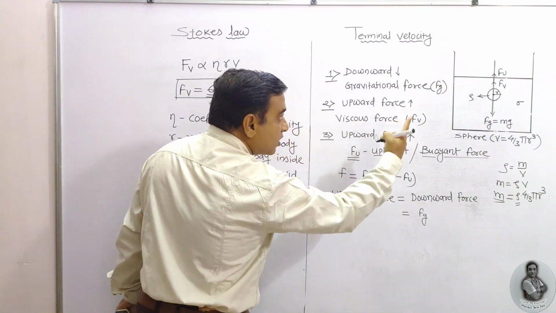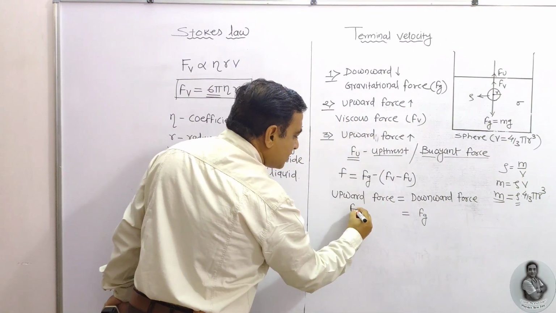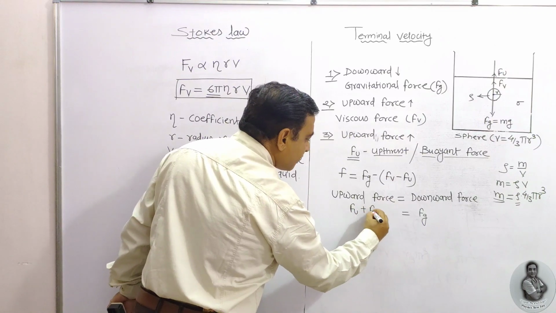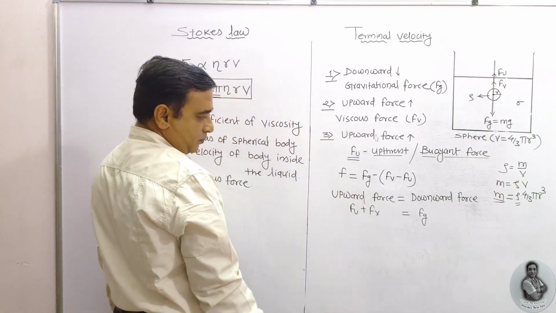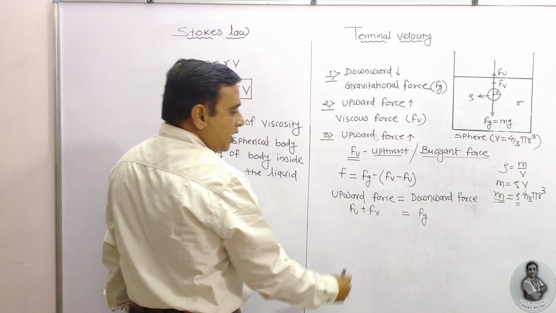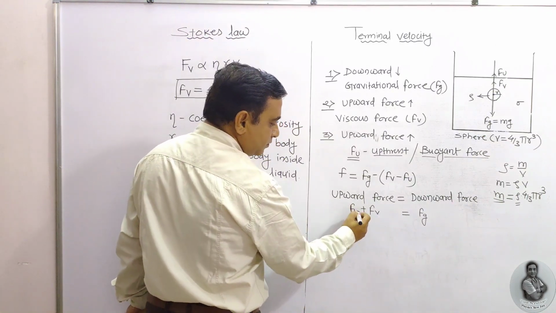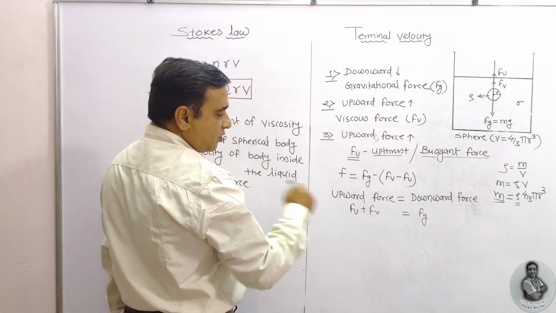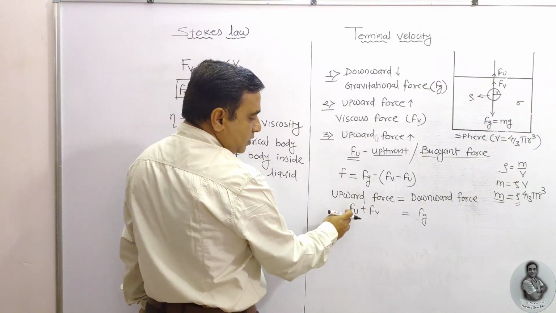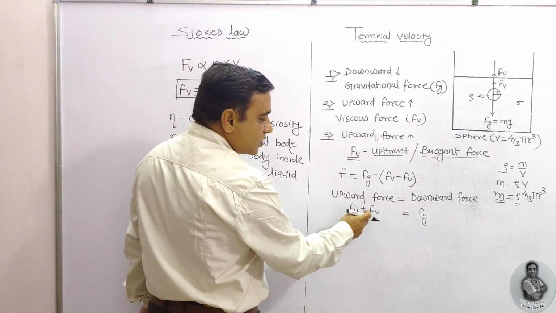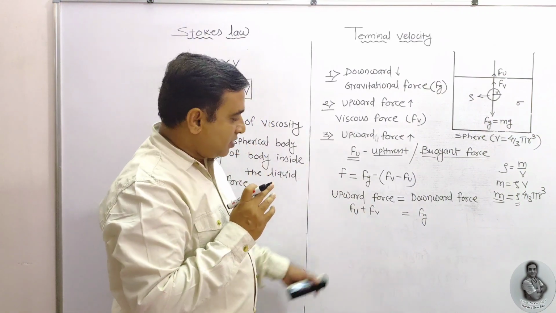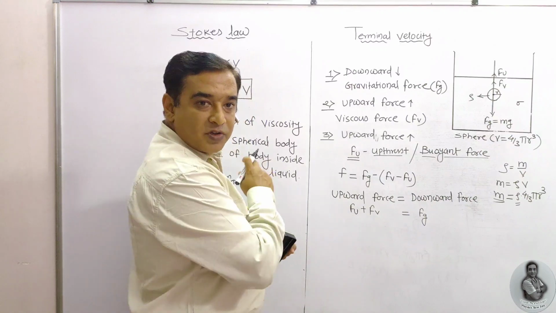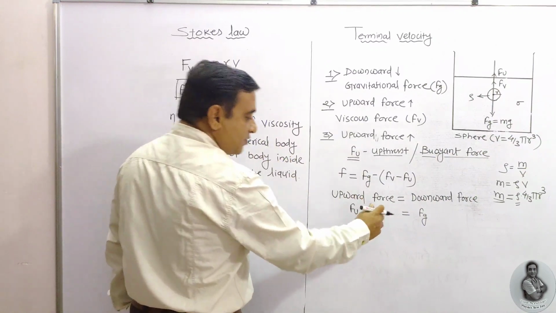And in the upward direction there are two forces acting, that is Fu plus Fv. Fu is the upthrust or buoyant force, and Fv is your viscous force, which together are equal to Fg.